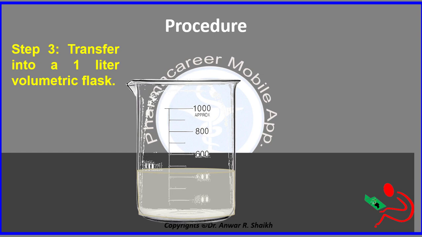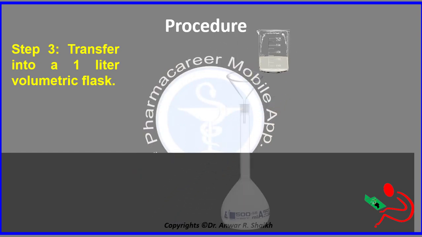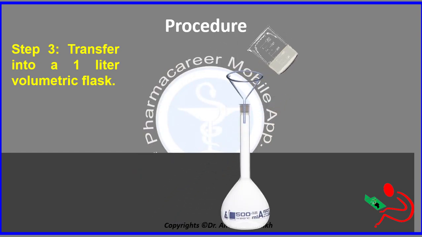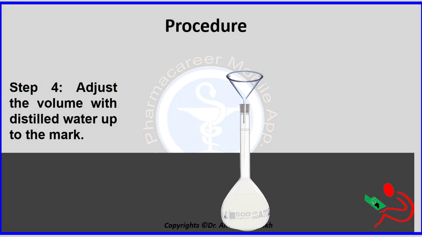Step 3. Transfer the sodium hydroxide solution from the beaker into a 500 ml volumetric flask. Rinse the beaker with a little distilled water and transfer to the volumetric flask. Step 4. Adjust the volume up to the mark with distilled water.